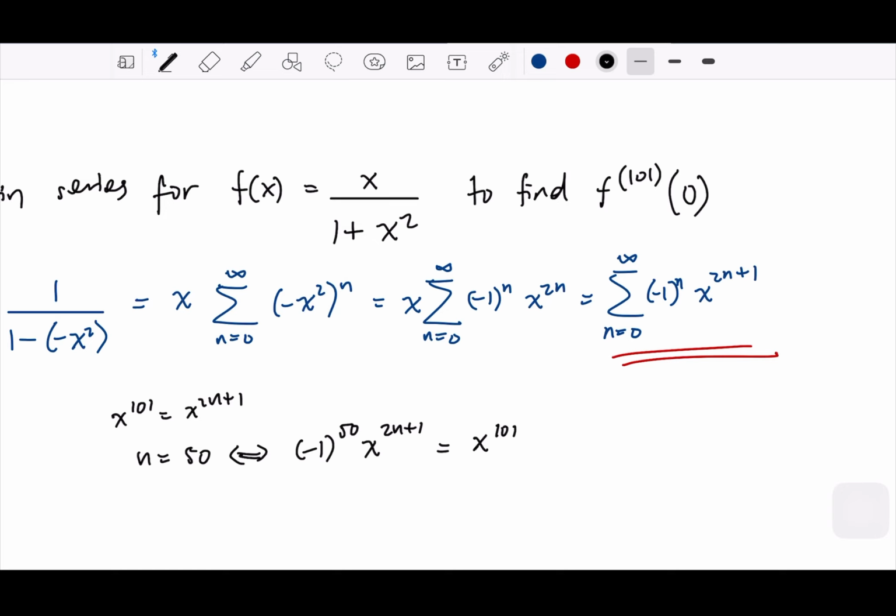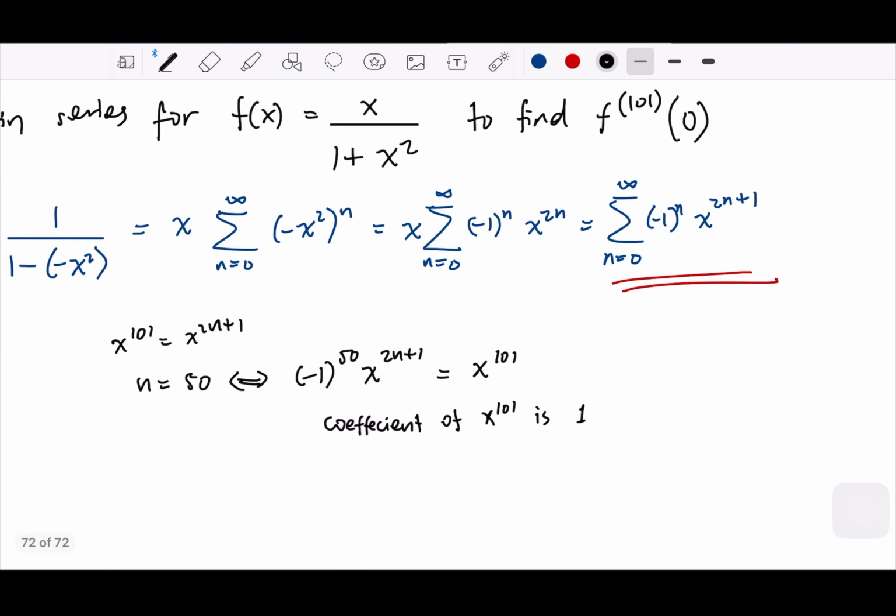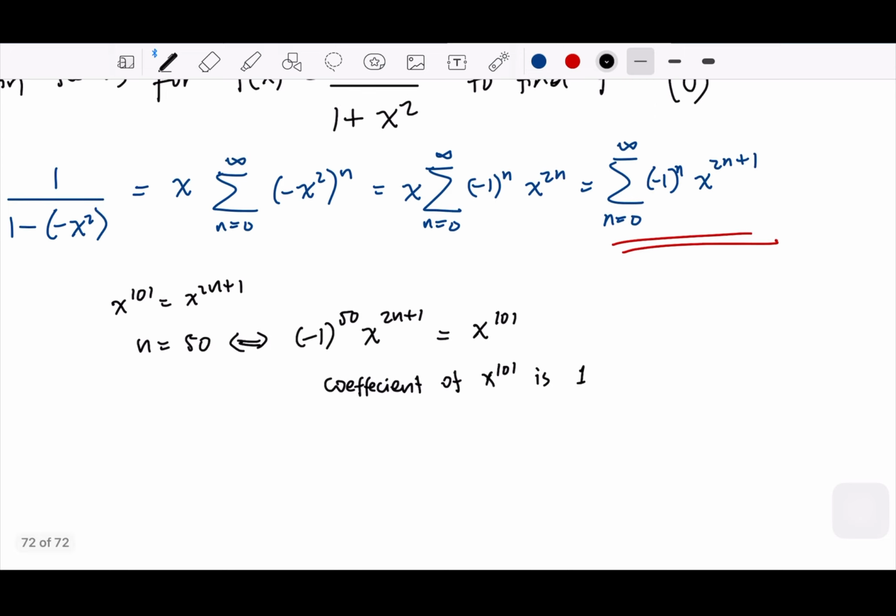So let me write the coefficient. If we remember the coefficient formula, this will be f to the n at 0 over n factorial.